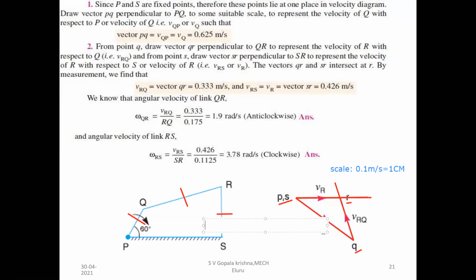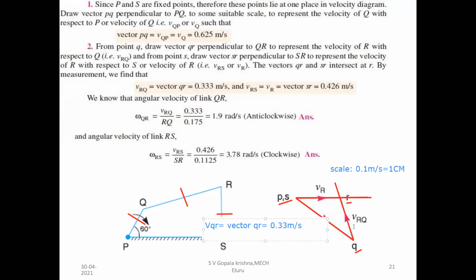Now we find VQR. VQR equals vector QR. Just take the scale and measure the distance of QR. The distance is nearly 3.3 centimeter, that means 0.03 meter per second.